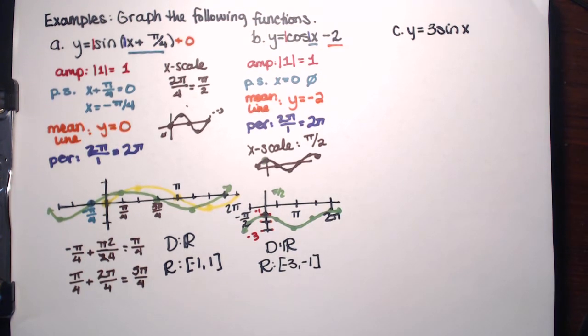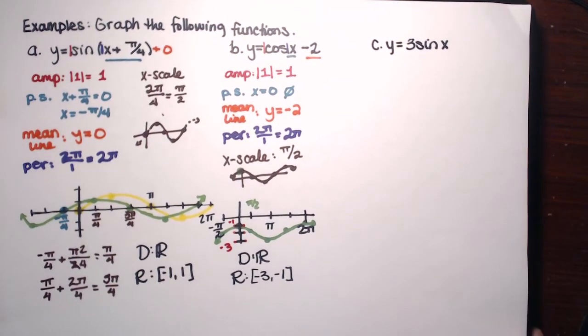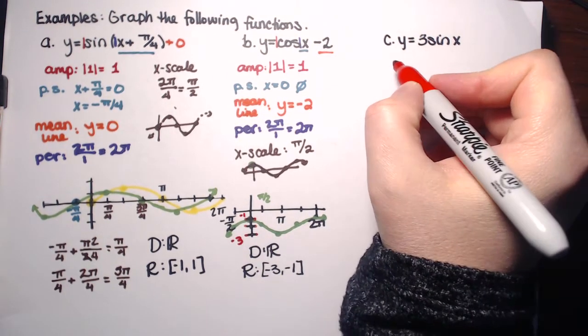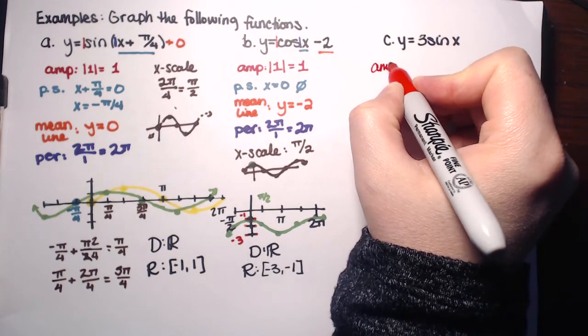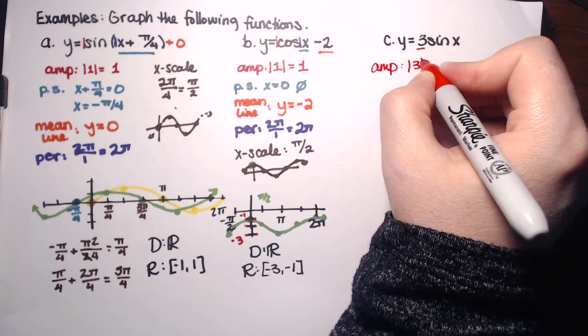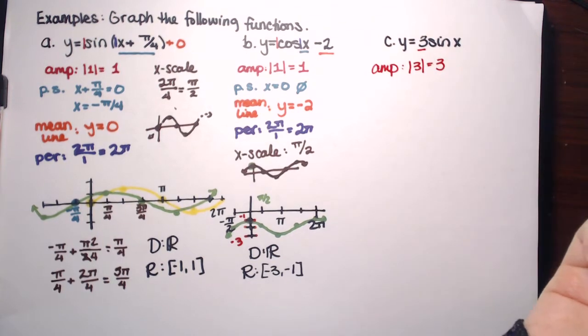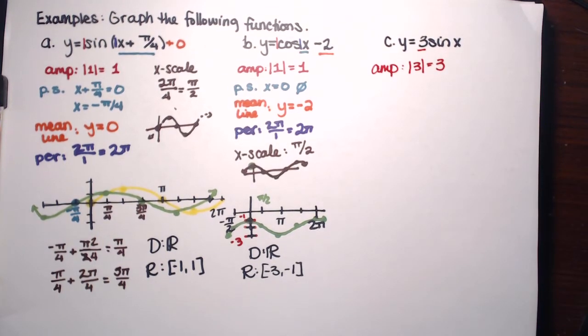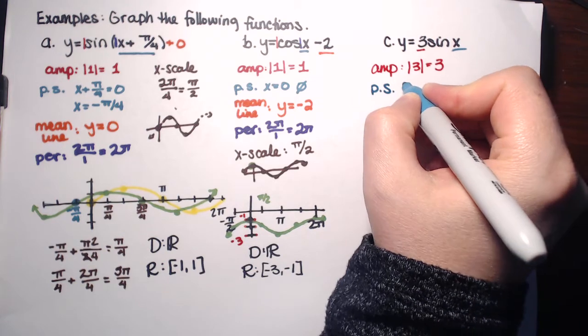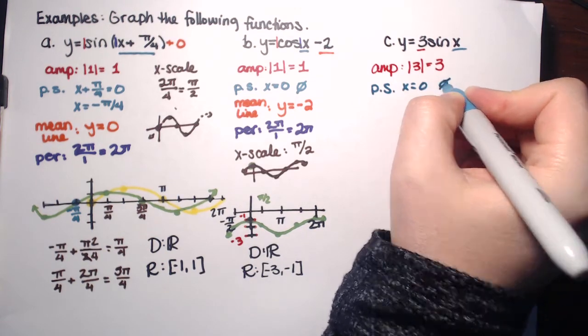The other one that I want to look at is over here. So we have y equals 3 sine of x. So same process, the amplitude is take the absolute value of 3, and then phase shift, there isn't one because you just set that equal to 0.